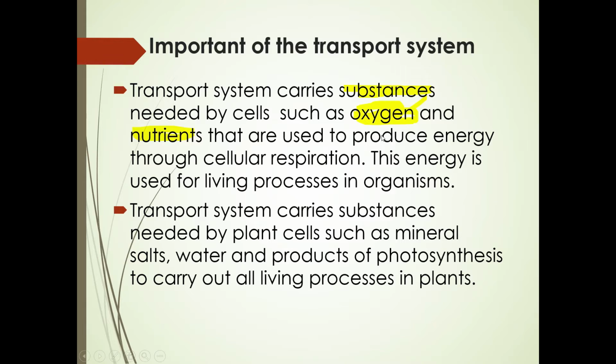The food that we eat, the end product for carbohydrate is glucose. The glucose will be transported by the blood, and we do the cellular respiration that produces energy. So that is where the nutrients come from.